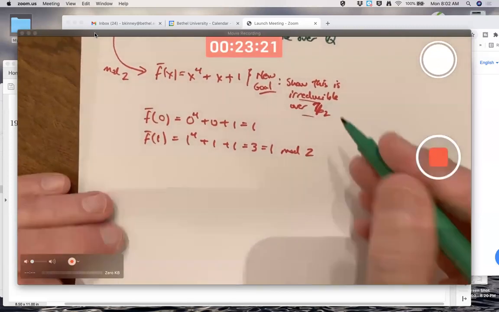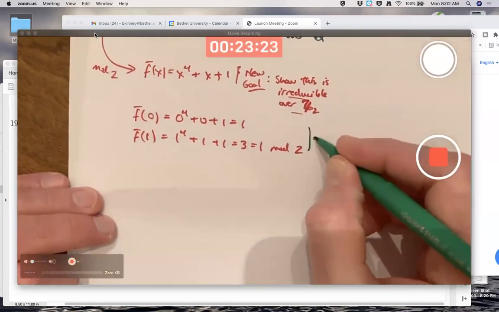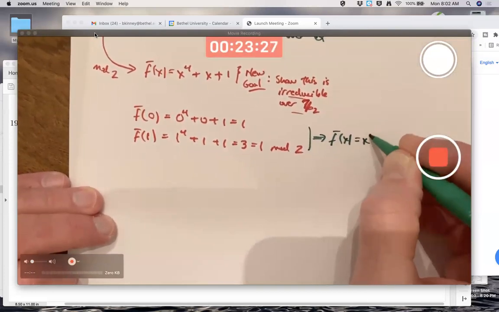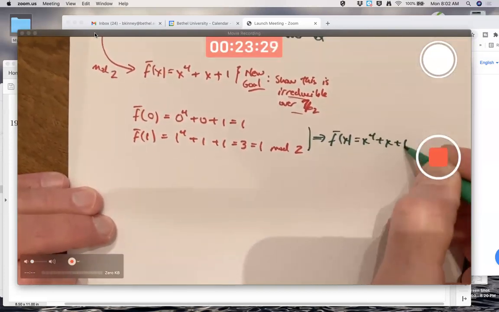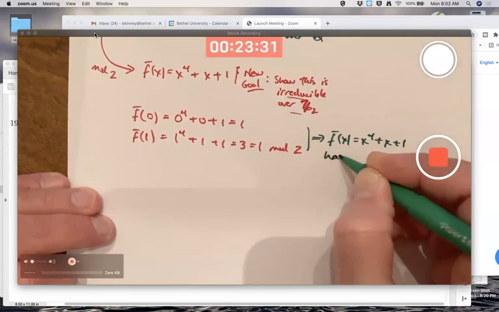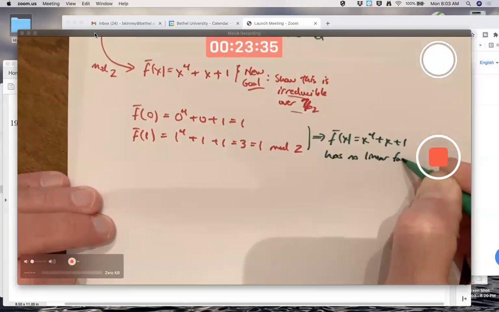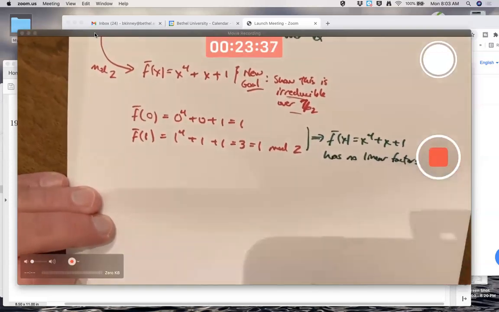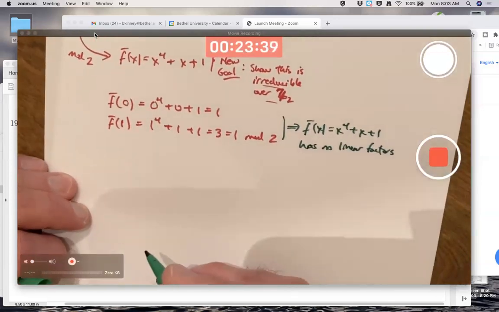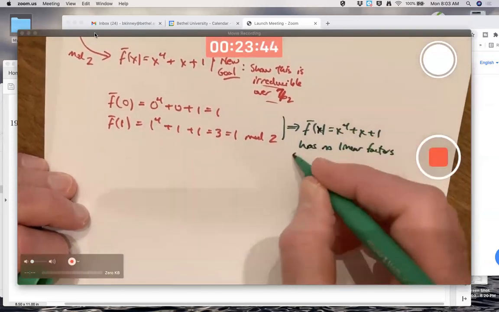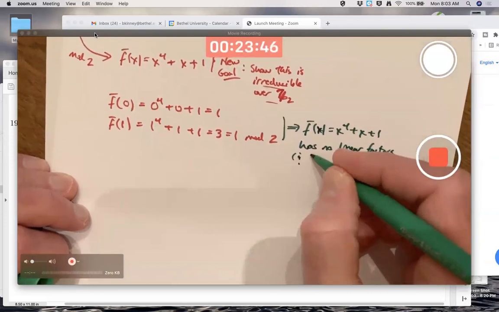That's worth writing down as part of your reasoning. This means f bar of x equals x to the 4th plus x plus 1 has no linear factors. You can't factor it as a linear polynomial times a cubic. You could also say, and therefore no cubic factors.